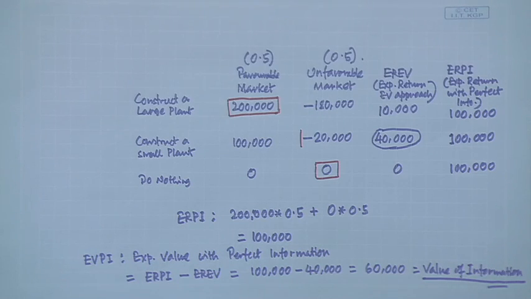Why? Although we can theoretically give up to 60,000 because that is the value of information, how much can we really depend on the exact information given by the person, the expert?